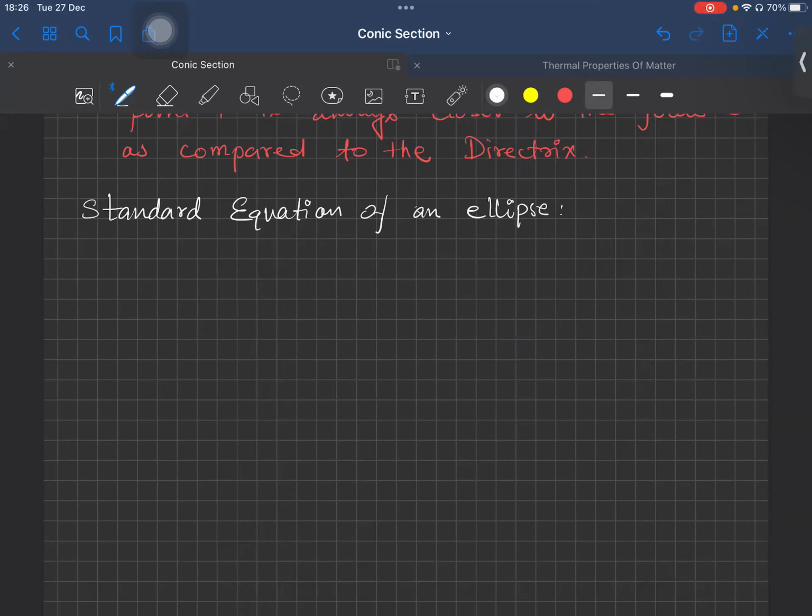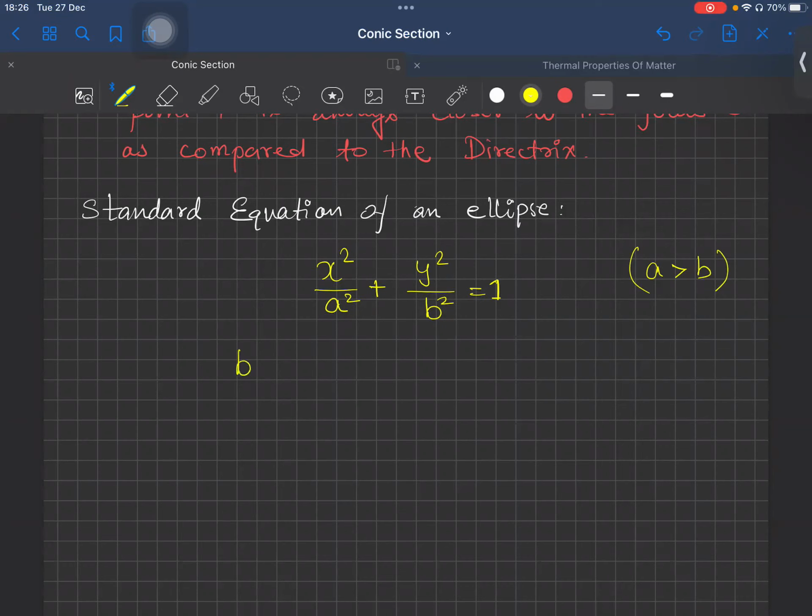Okay. So the standard equation of ellipse is x square upon a square plus y square upon b square is equal to 1. This is your ellipse. A is always greater than B. We'll see what is A, what is B. Understood?